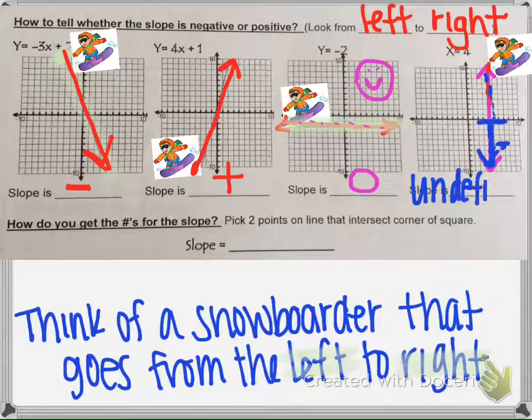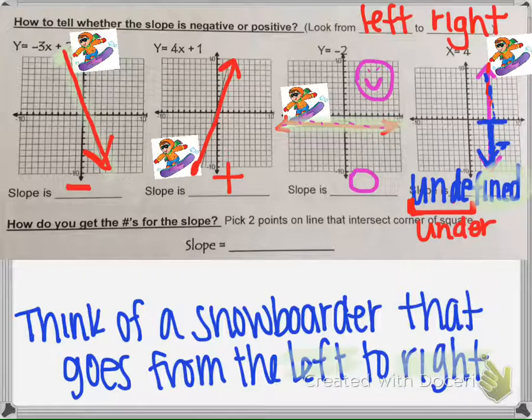It helps me remember that this one is undefined, because the word undefined almost has the word under, and he's going to be under the snow. The other thing that helps me is that undefined sounds like found. He's not going to be found. Undefined.